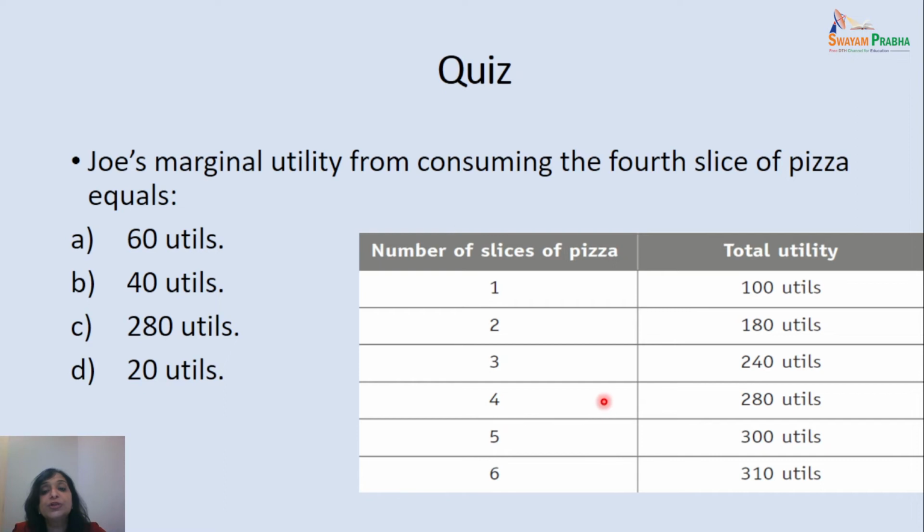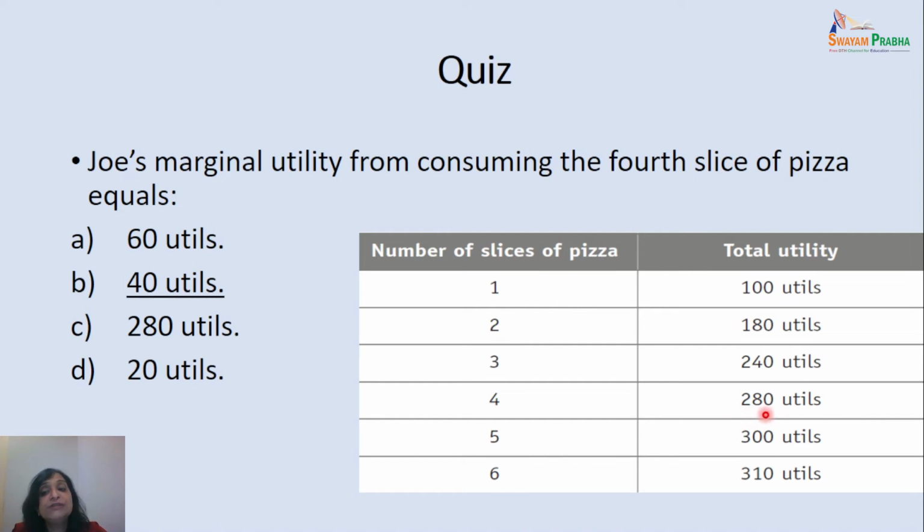How much is the total utility at 4? 280. How much was the total utility when he was consuming 4 minus 1, that is the previous number of slices, 3 slices? 240. Is there a change in total utility when we move from 3 slices to 4 slices? Yes. Total utility increased from 240 to 280. So what will be your marginal utility?